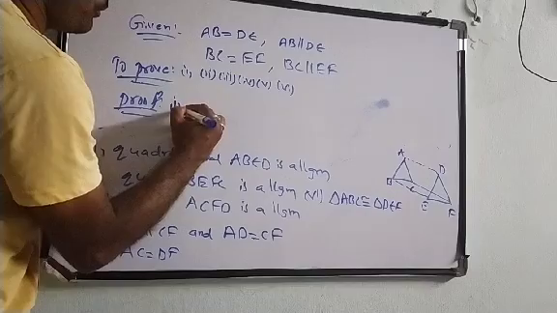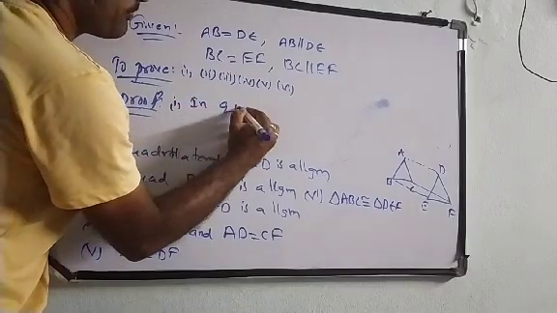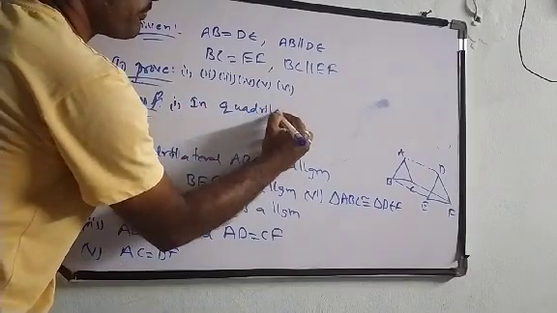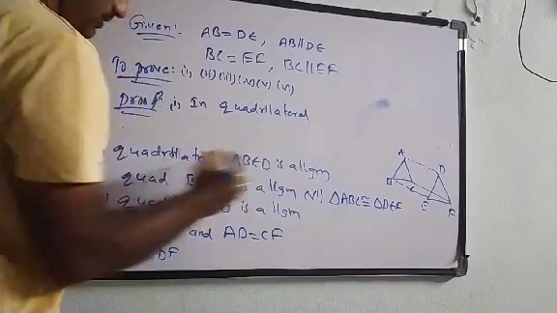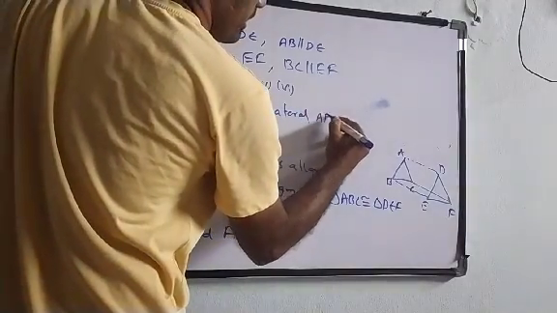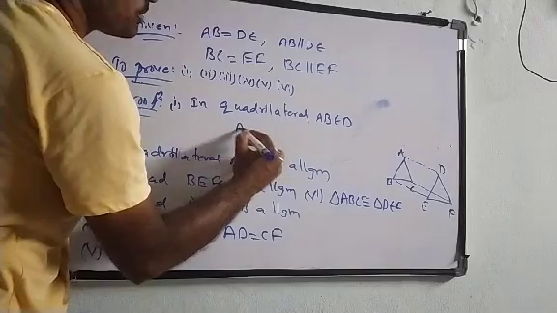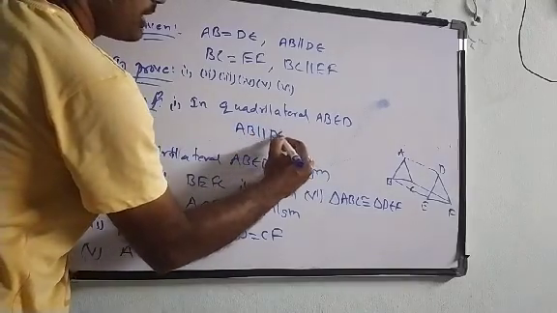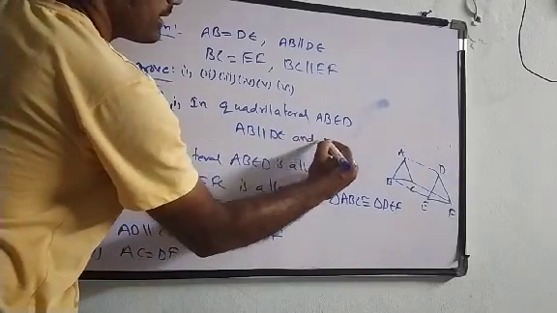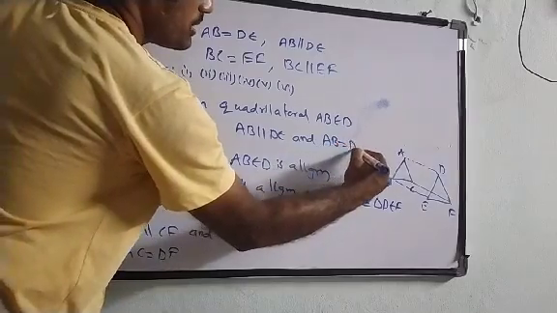Now the first proof, in quadrilateral ABED: AB is parallel to DE and AB is equal to DE.